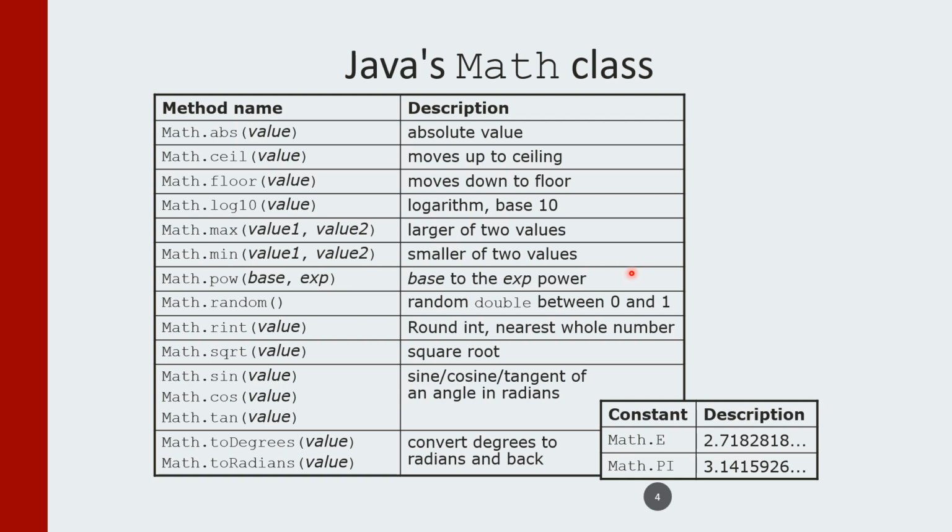So that's an example of a method that has two parameters in it. Meanwhile, something like absolute value, Math.abs, inside parentheses, it just says value. It takes the absolute value of that number. So it only needs one number inside its input when you call on it. Please do take time to read out what all of these are and understand what they do.